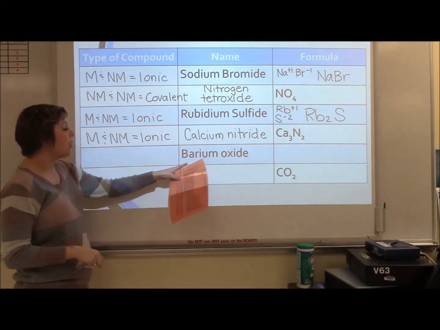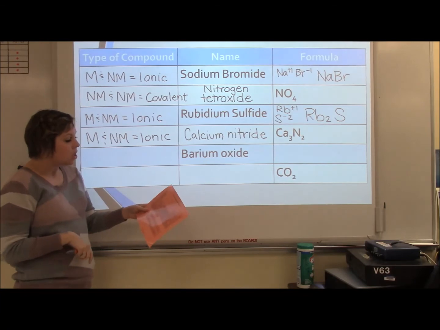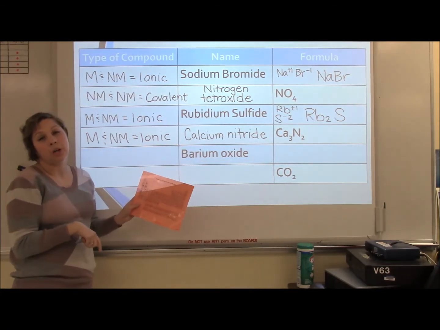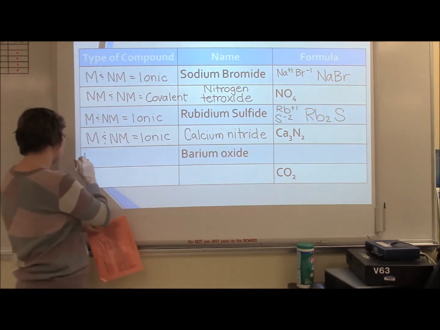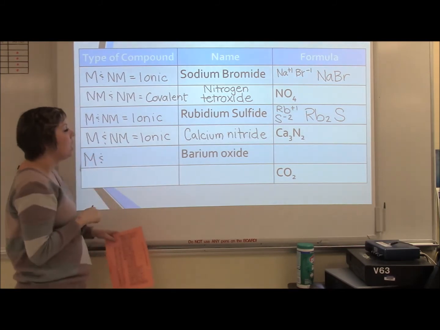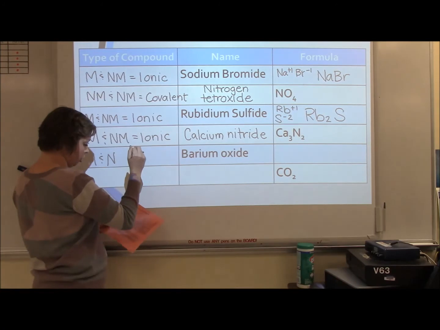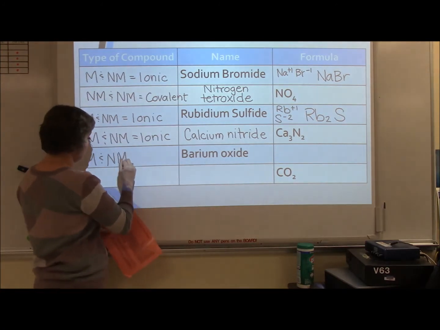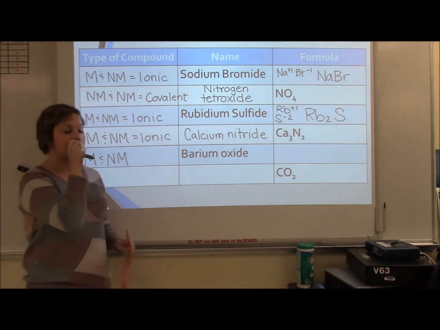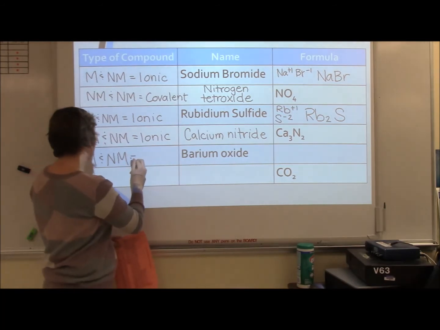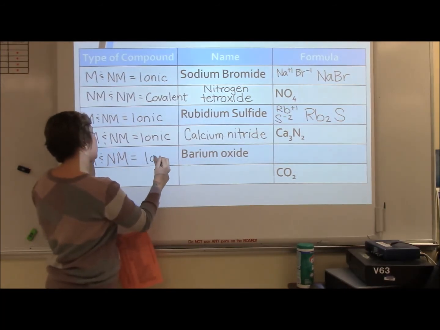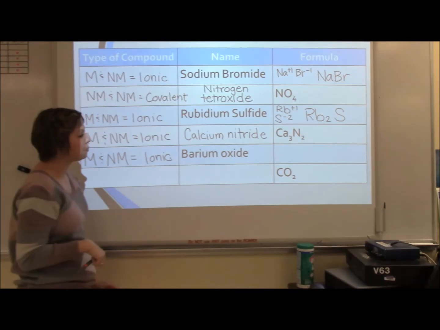Okay. The next one, barium oxide. So barium's in group 2 on your periodic table, so that is a metal. And oxygen is a nonmetal. It is in group 16, and on the right-hand side, so it's a nonmetal. So that makes this an ionic compound.